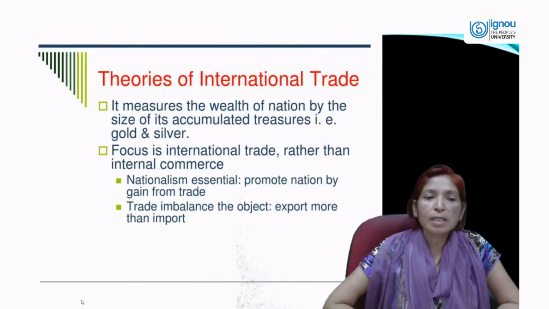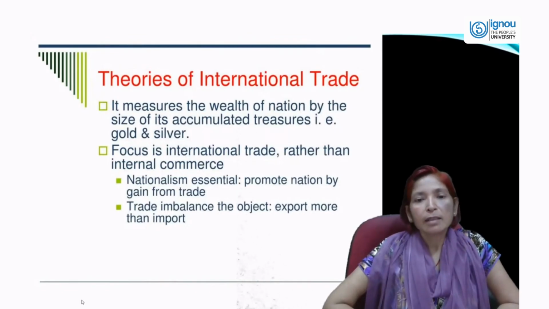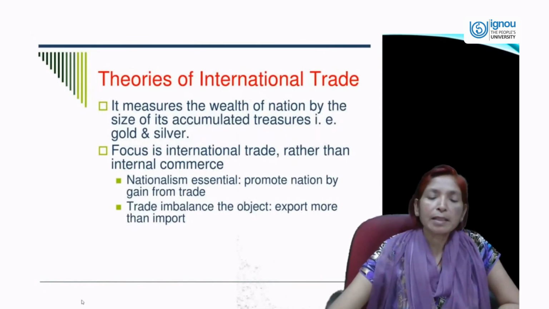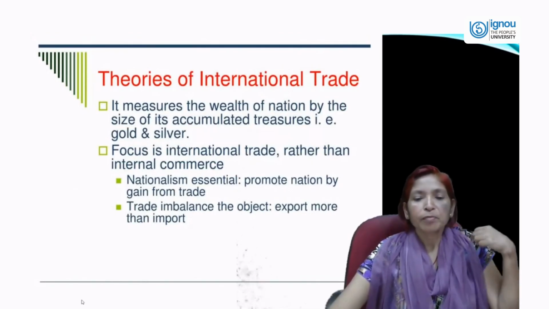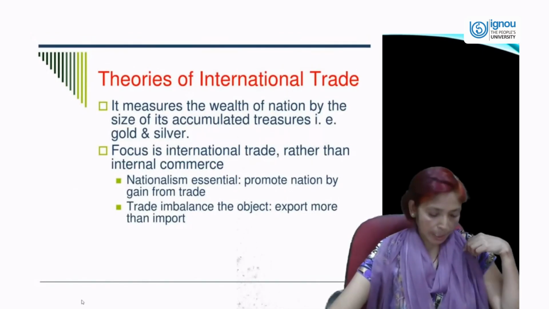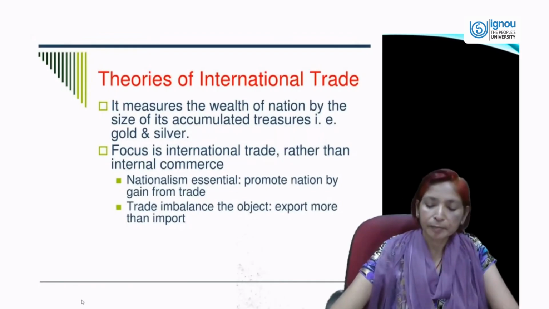So it mainly focuses on international trade rather than internal trade or commerce. Nationalism is essential. The main essential thing for each and every country is to promote the nation by gain from trade. And on trade imbalances, the objective is to export more and import less.